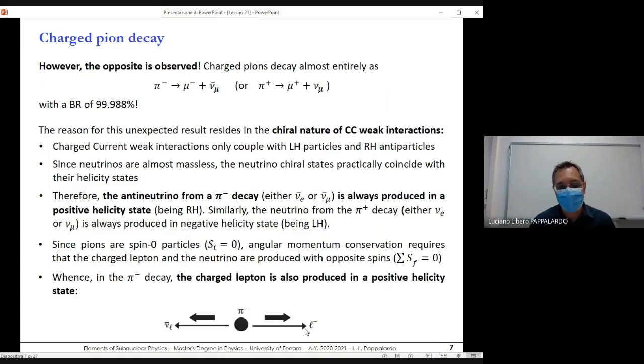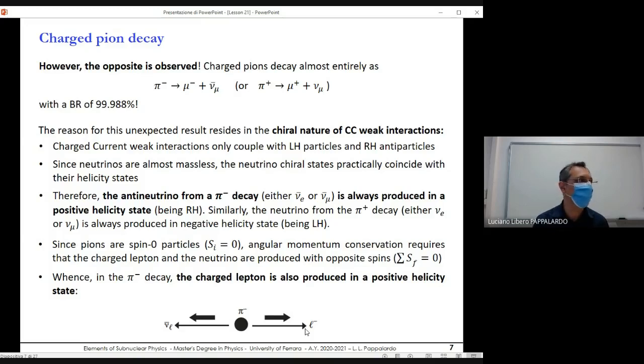Now this is indeed the crucial point, because due to the angular momentum conservation requirement, both leptons in the final state are produced with positive helicity. That is fine for the antineutrino, because it is right-handed, and so it has to have a positive helicity.